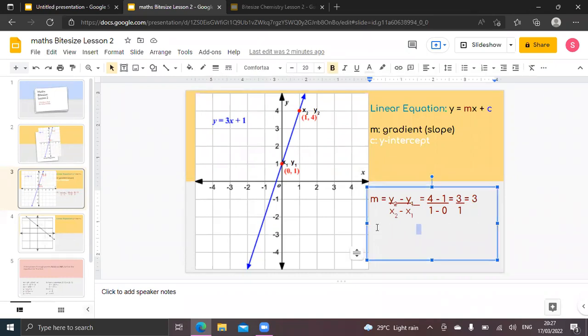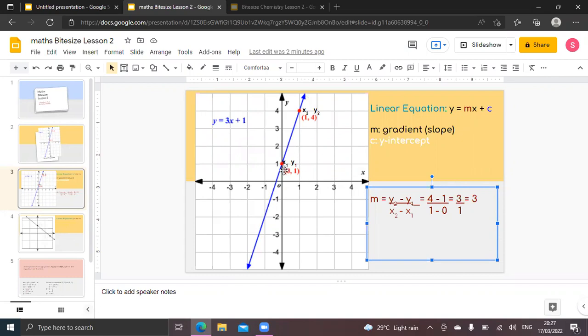Okay, what do I need to do? Get my skeleton. Before that, let's have a look at c here. What is c? c is actually the y-intercept. What do you mean by the y-intercept? Where this line meets your y-axis, the point of intersection between your y-axis and your straight line, is what we call the y-intercept.